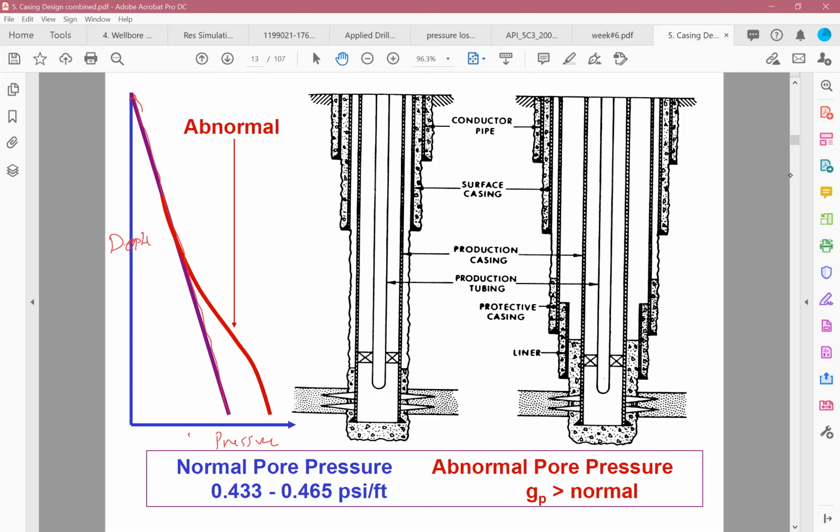If you are basically not going through that linear line, then you have abnormal pressure. And these are the formation pressure gradients. These will be used later on when we design the depths of the casing that we are setting in the wellbore. So we'll talk about this later on, but just know the definition of normal pressure gradient and the definition of abnormal pore pressure gradient.